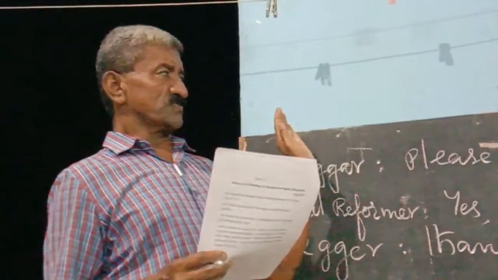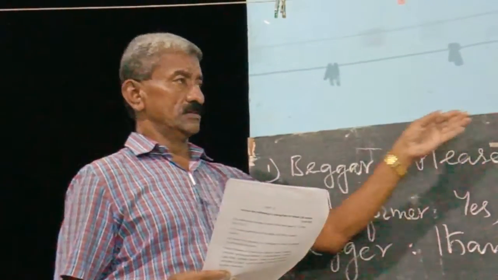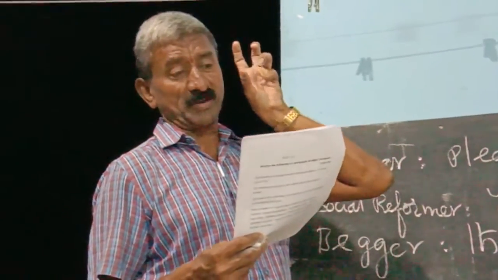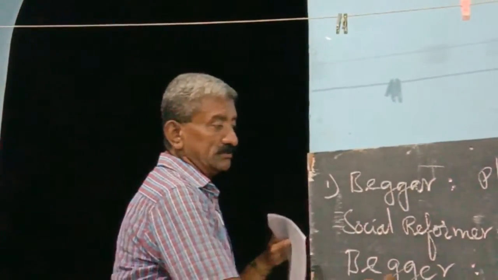Now, summarizing the following, what will you have to do? First start by writing a heading, rough draft. You write some of the important points picked up by your eyes in the rough draft. Again you write the heading.